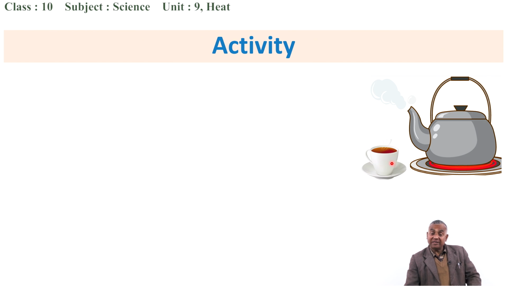If you are testing, just taking a sip from the cup, and then from the kettle also taking out 1 spoonful and sipping, which one will be sweeter? Which one will you experience as sweeter? Sweeter means not taste, I mean sweetness. Which one will have more sweetness?